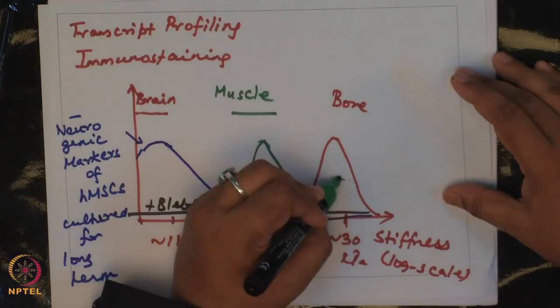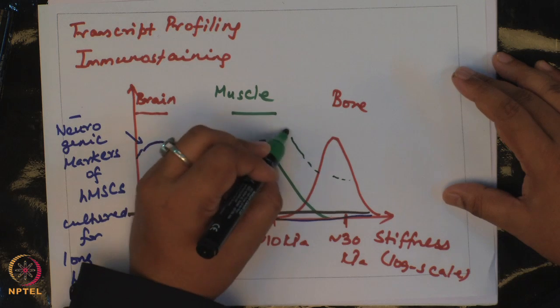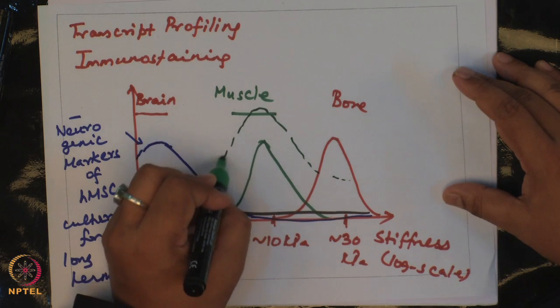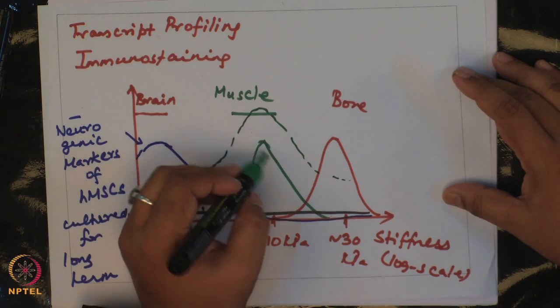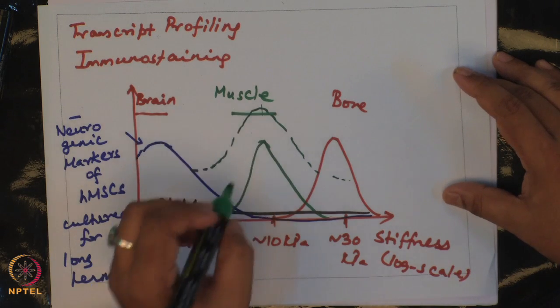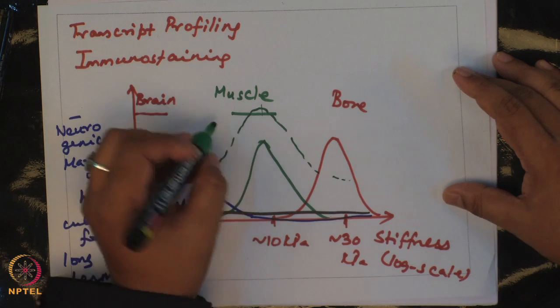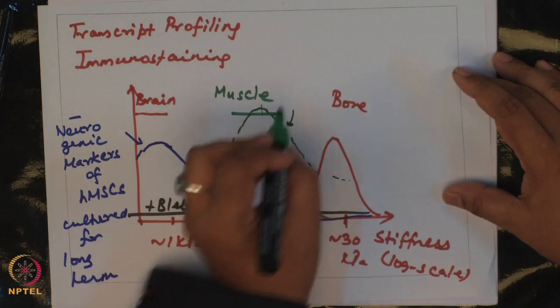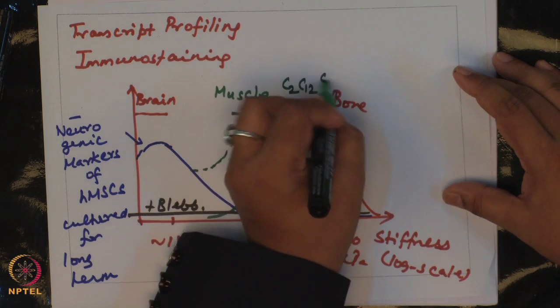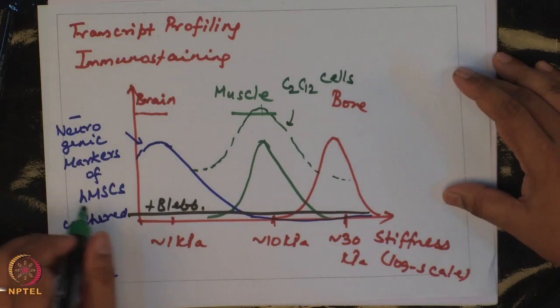So, what would be the profile if you plotted the same for a muscle cell line? What you find is for a muscle cell line, it exhibits the same peak at the same place, which is order 10 kilopascal, but for muscle expression. So, this is of C2C12 cells, just skeletal muscle cells.